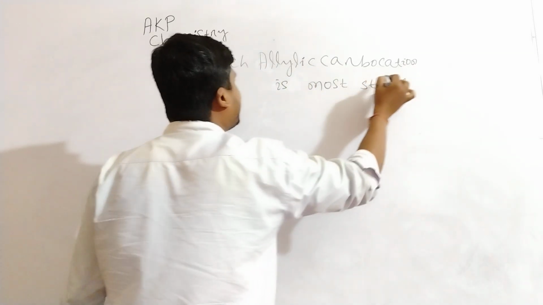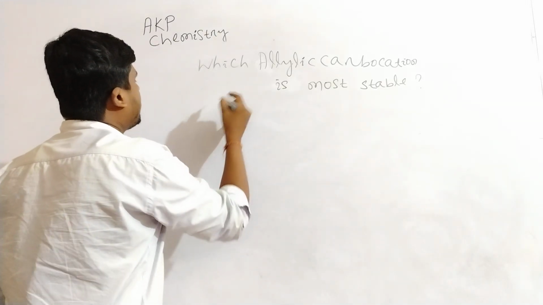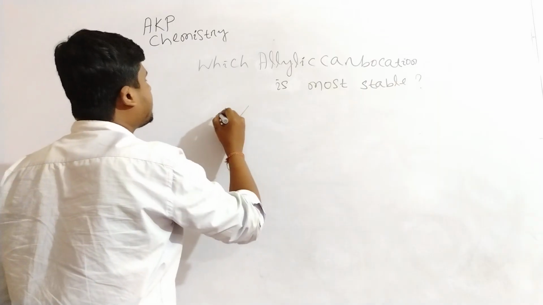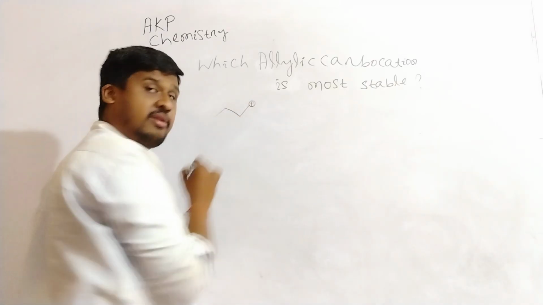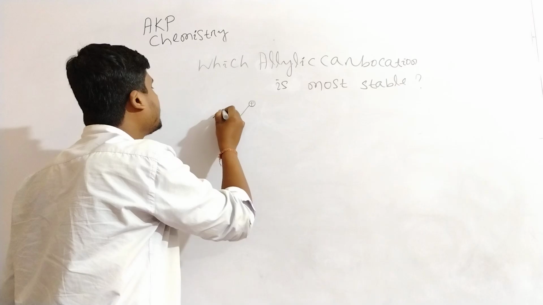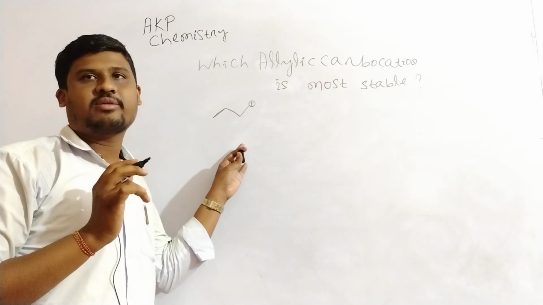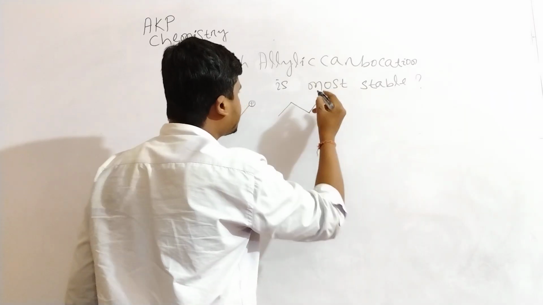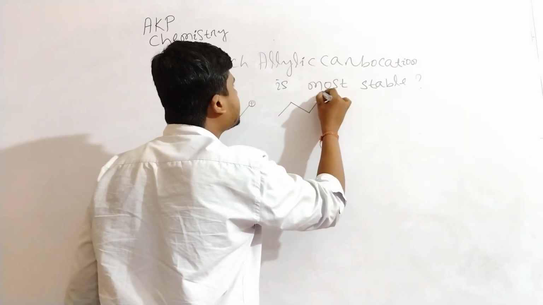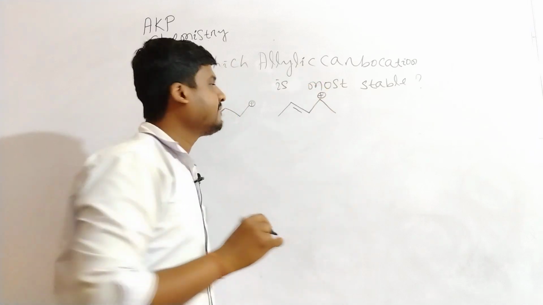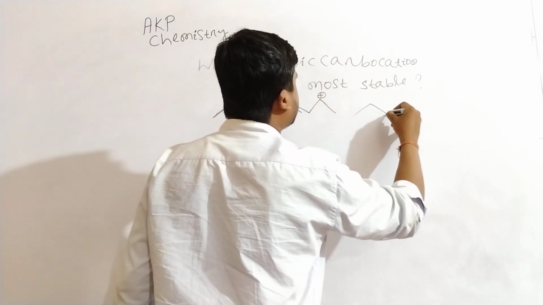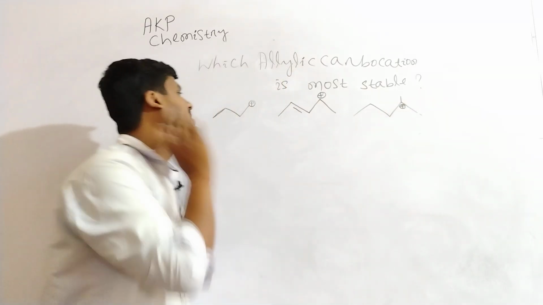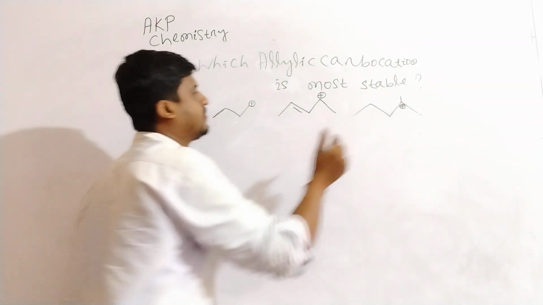So this one, this is the bond line formula. This one, and this one.